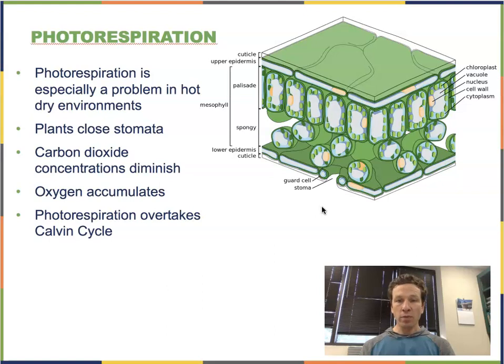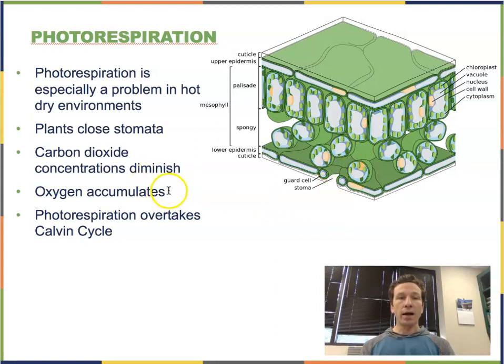However, it will also prevent carbon dioxide from diffusing into the leaf, and as photosynthesis happens, oxygen will build up. As that oxygen builds up, if the stoma is closed, it will be prevented from diffusing out of the leaf.